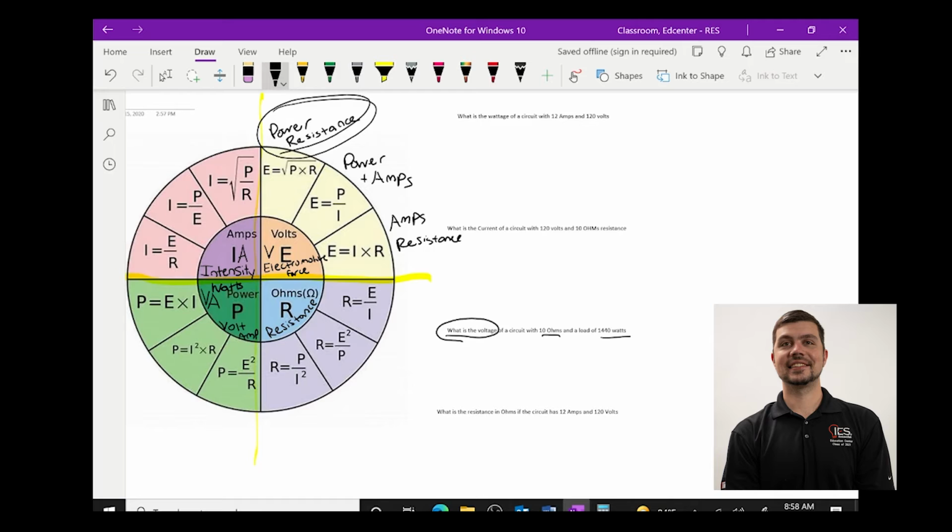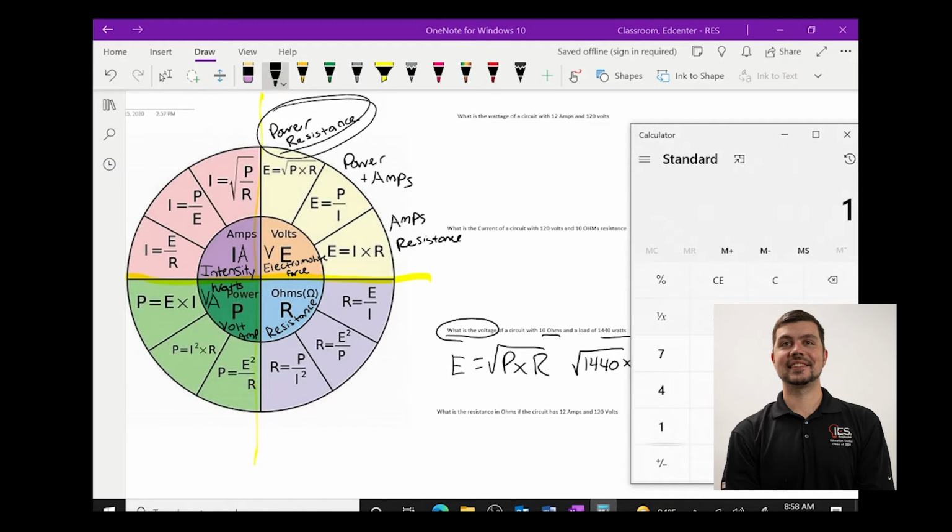So E is going to equal the square root of P times R, or the square root of 1,440 times 10. Whenever you have something like this, you're going to take care of what's on the inside of the square root first.